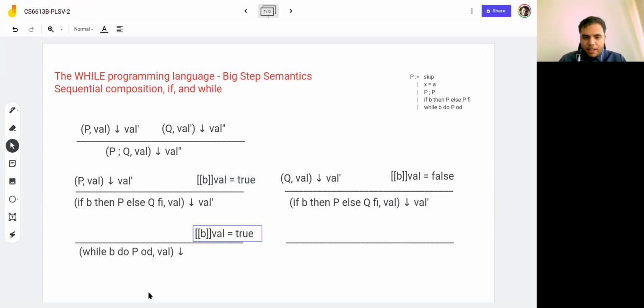So if the guard holds at the current valuation, then we know that we should do P, and then after that we should do the while again. So we basically say that we can do P and then do the while.